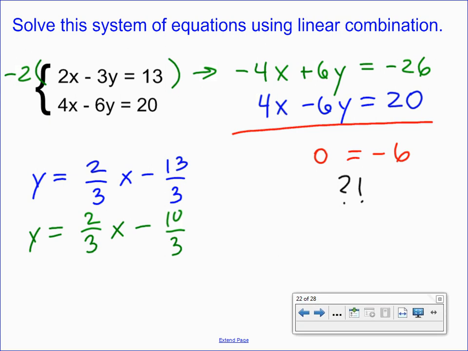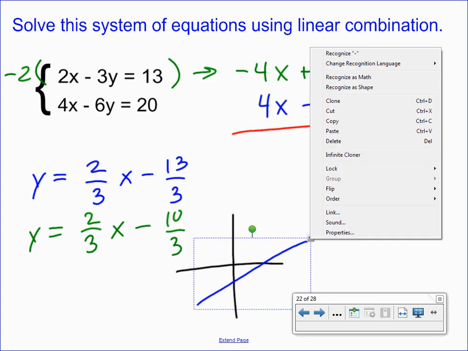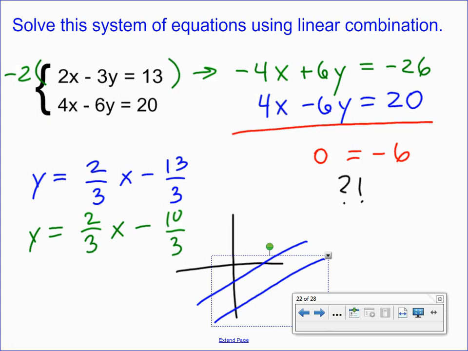Guys, consider the graphs of those lines. If I made a quick sketch in my head of that first equation in blue, y equals 2/3 x minus 13/3, that would look something like this. If I made a quick sketch of the second equation in green, it would look something like that.